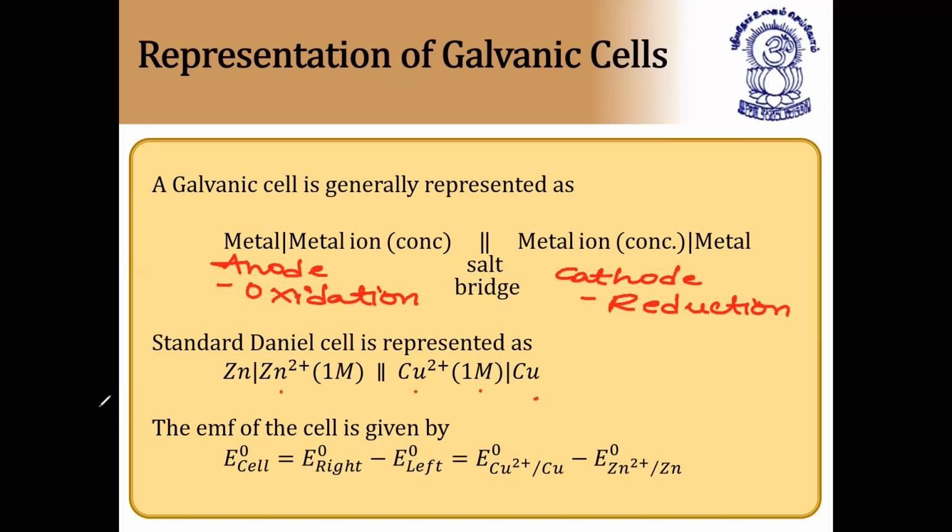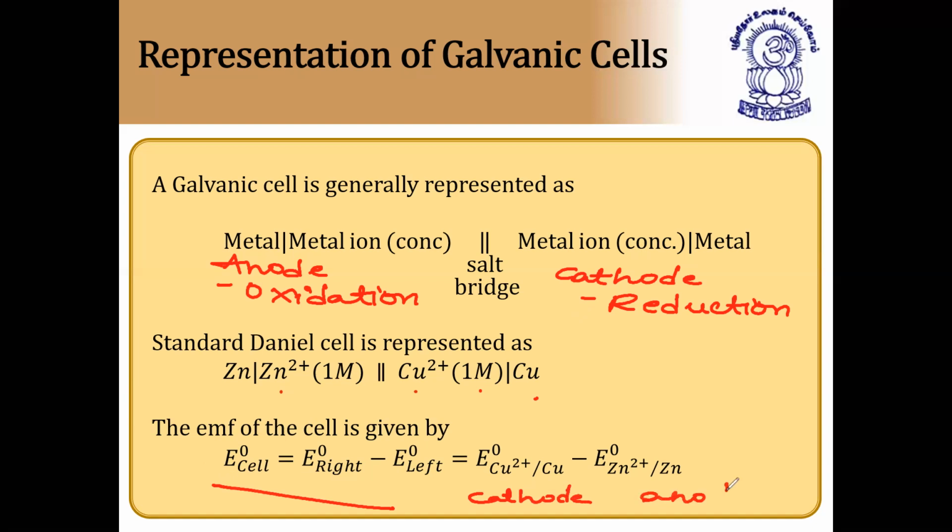So the EMF of the cell is given by E° of cell is equal to E° of right minus left, that is cathode minus anode. Right means we have cathode, and left means we have anode. So E° of cathode minus E° of anode, for all reduction potentials, when the reduction potentials are given. So what is reduction potential?